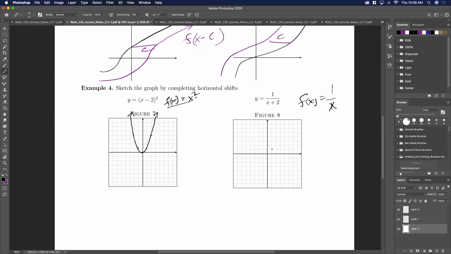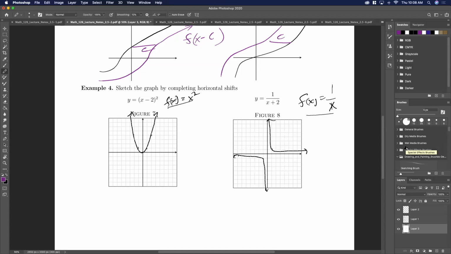You see where I'm getting what the original function is; you just simplify it basically. So these are the original ones. You should be able to roughly graph these in your head at this point.